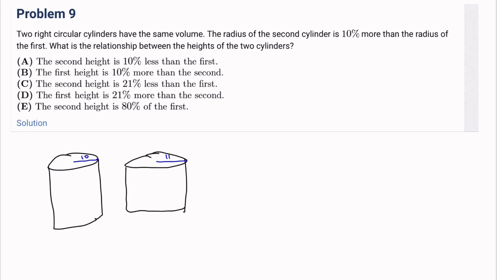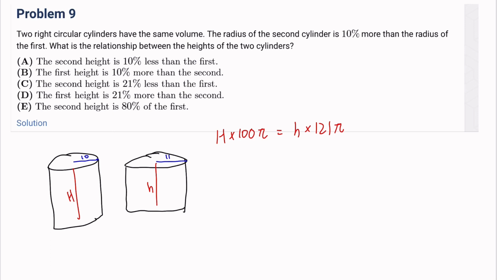What is the relationship between the heights of the 2 cylinders? Okay, so for this we need to use the fact that they have the same volume, right? And so if this is big H and this is small h, that means big H times 10 squared pi, so 100 pi, equals small h times 121, because that's 11 squared, and pi, right?